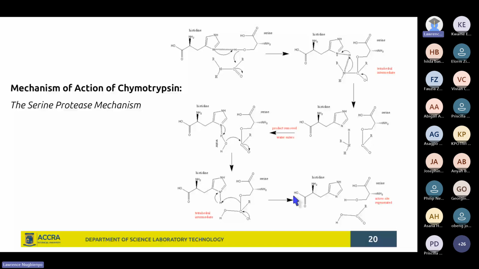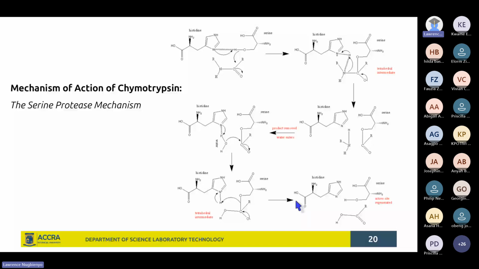So this is one of the mechanisms by which enzymes like chymotrypsin break down proteins.